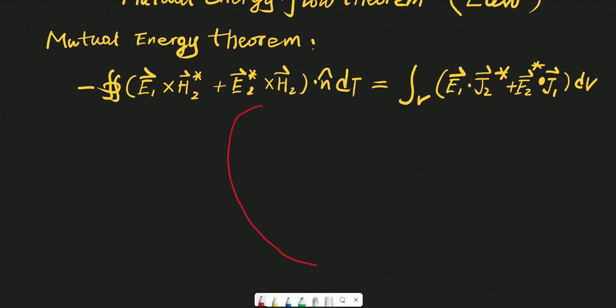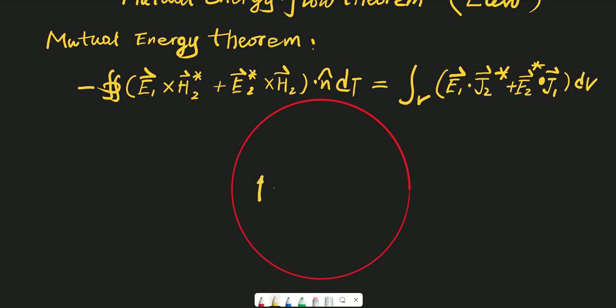Here we have a situation with a current J1 and also a current J2. This one sends a field C1, and this one will send a field C2.